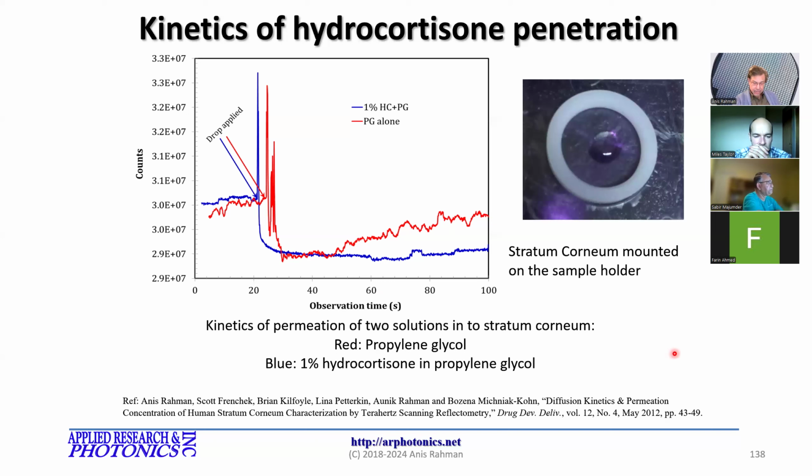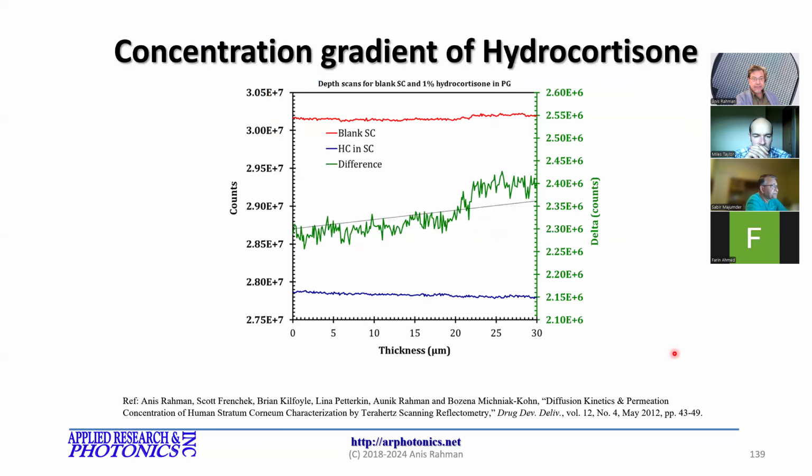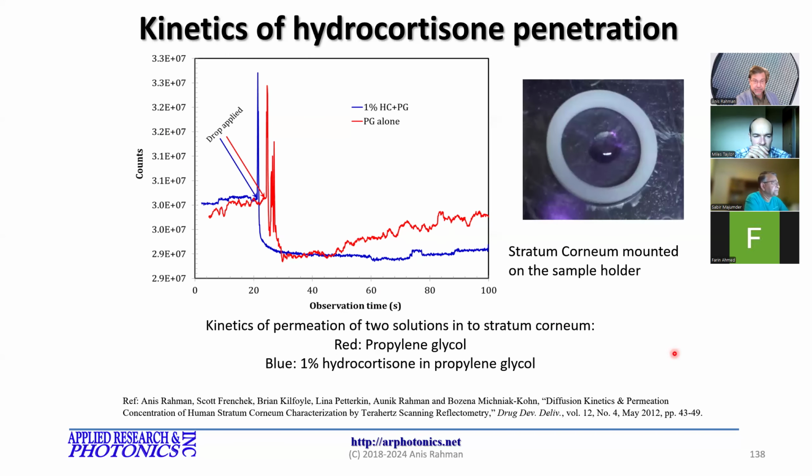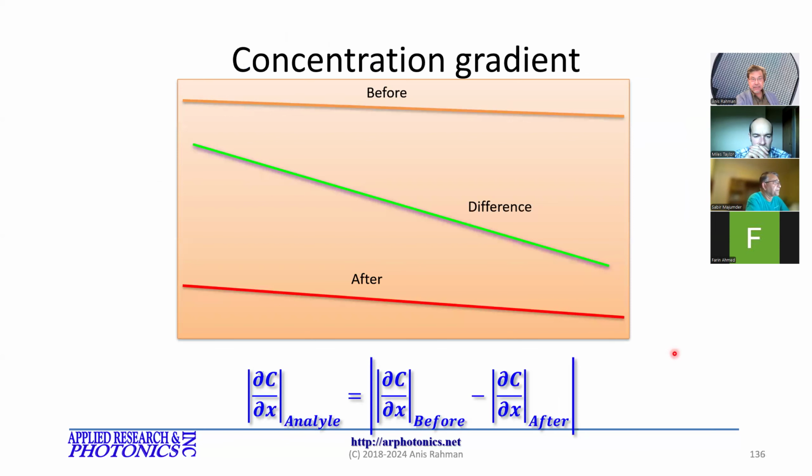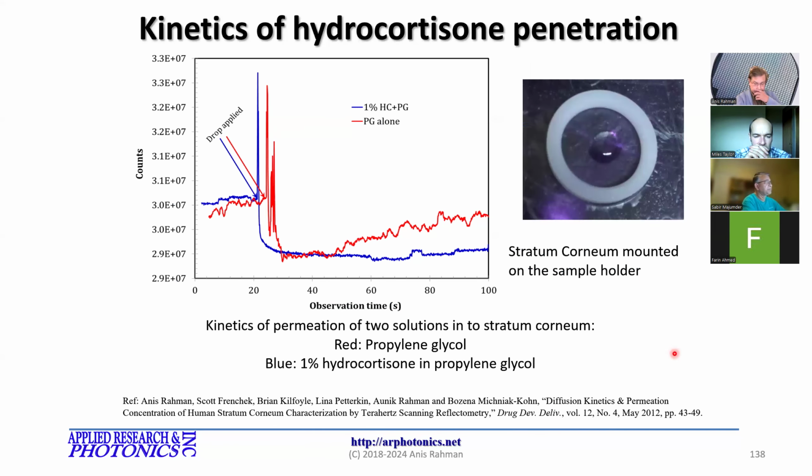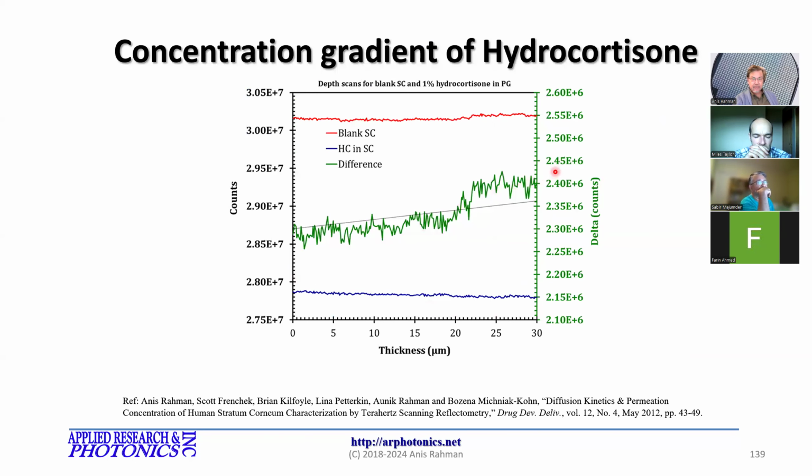Okay, so again, remember the principle that I described here. We do the depth scan before, then we do the kinetics, and then we do the depth scan again, and subtracting them gives us the distribution of the analyte within the substrate. So here what has happened is this blue curve is the hydrocortisone in stratum corneum.